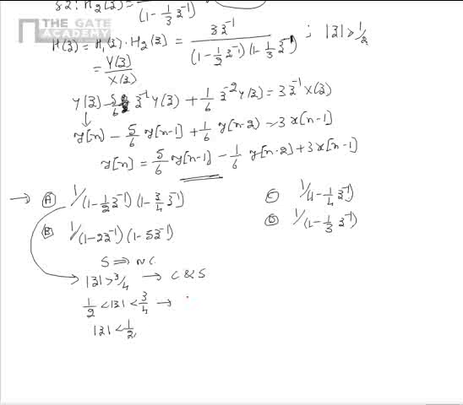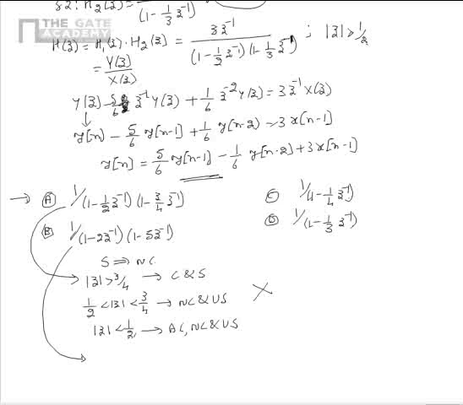In case of the second ROC, the system is non-causal and unstable. And in case of the third one, the system is anti-causal, non-causal and unstable. We see that there is no ROC which corresponds to stability and non-causality. So option A is not the correct one.